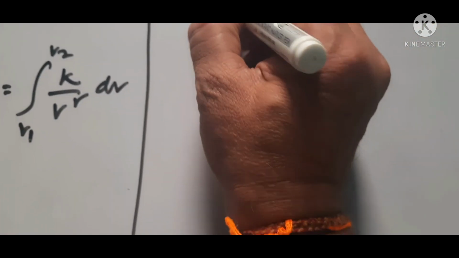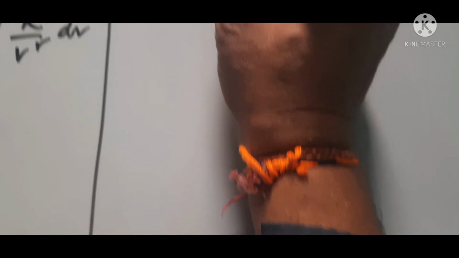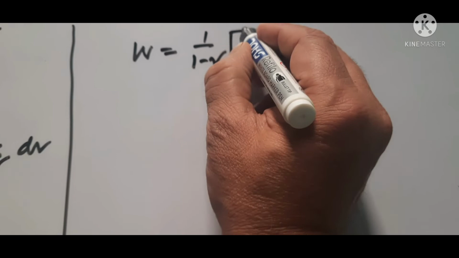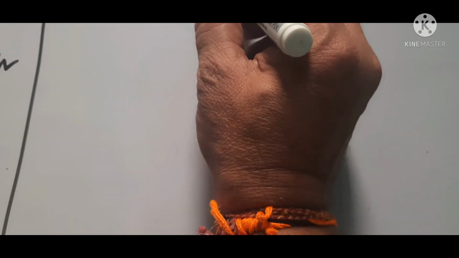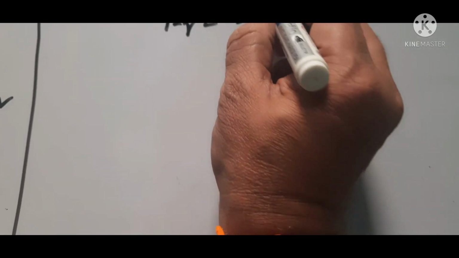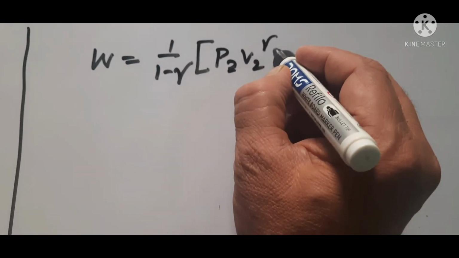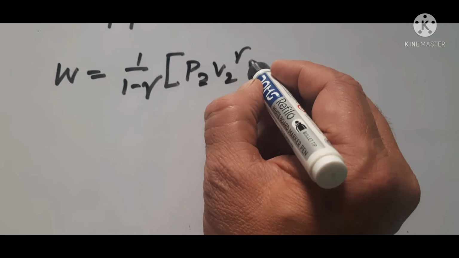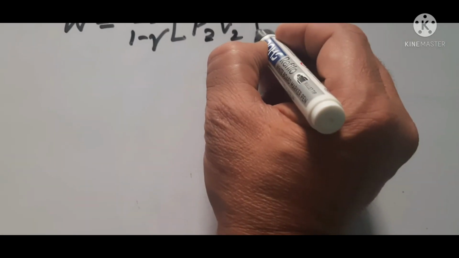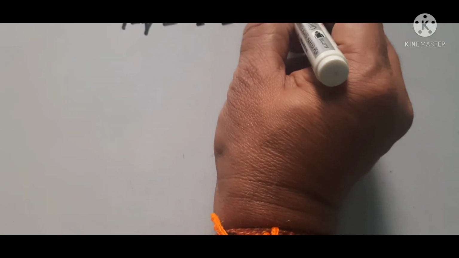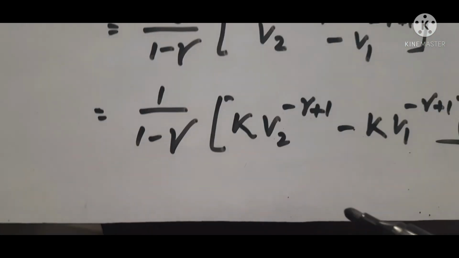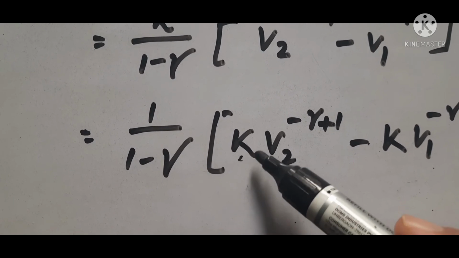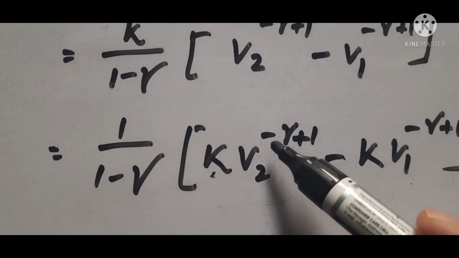So W is equal to work done, 1 by 1 minus gamma. First one we are writing P2 V2 to the power gamma into V2 to the power minus gamma plus 1. In place of K we put P2 V2 to the power gamma, times V2 to the power minus gamma plus 1.